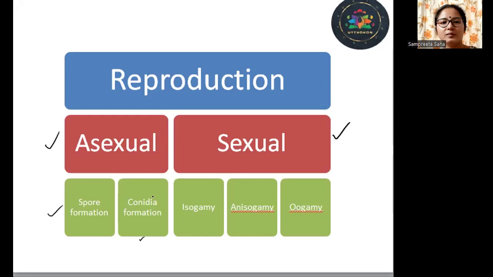So this conidia, when it receives a favorable condition, behaves just like spores and germinates. Next, under sexual reproduction, you will see isogamy, anisogamy, and oogamy. In the previous videos, I have discussed in detail these three types of sexual reproduction. So these three are observed in the kingdom fungi.